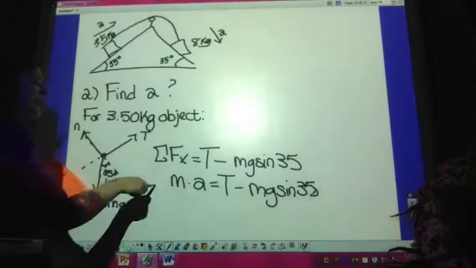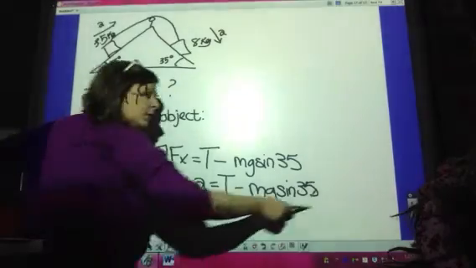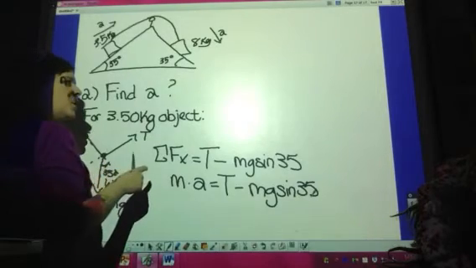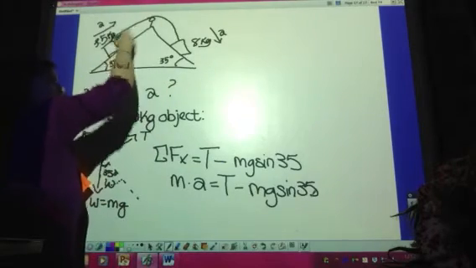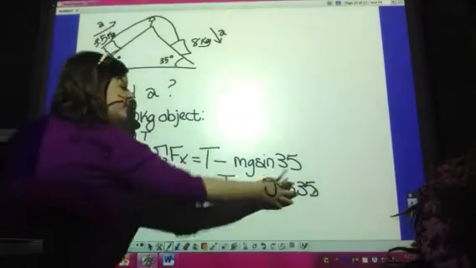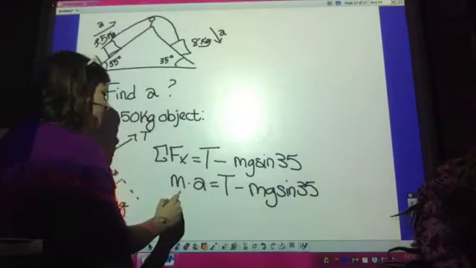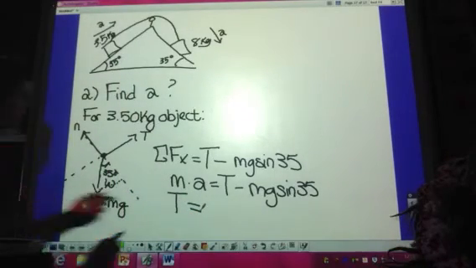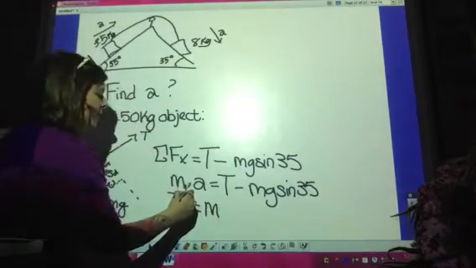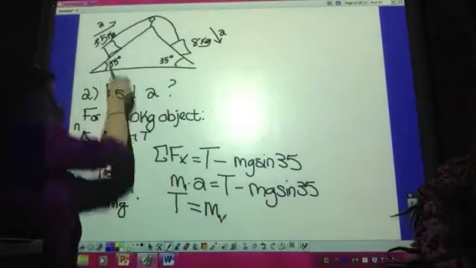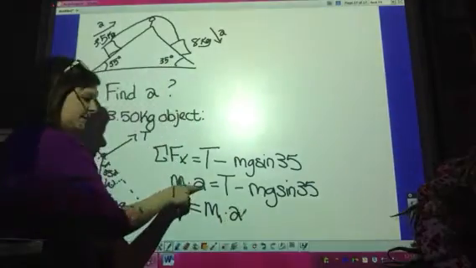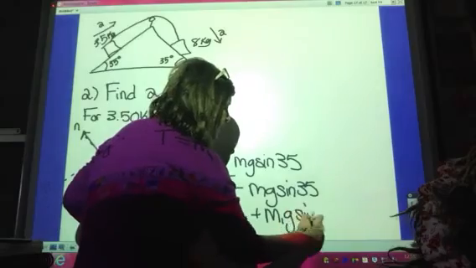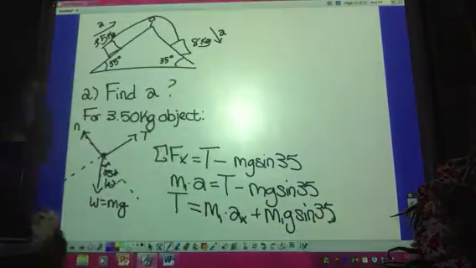I could do the exact same kind of problem here for my 8 kilogram object because I know that they share the same tension. So let's solve this for tension. If I wanted to solve this for tension, I would get tension equals, we're going to call this object 1, mass of object 1, which is 3.5 kilograms, times acceleration in that x direction, plus mg sine 35.